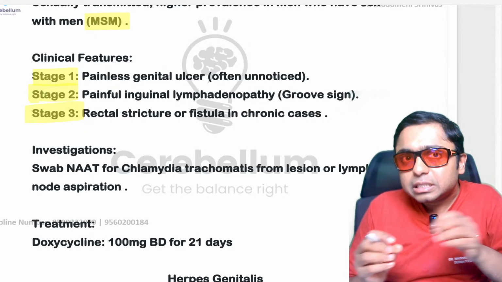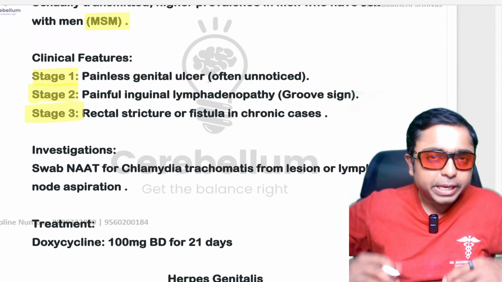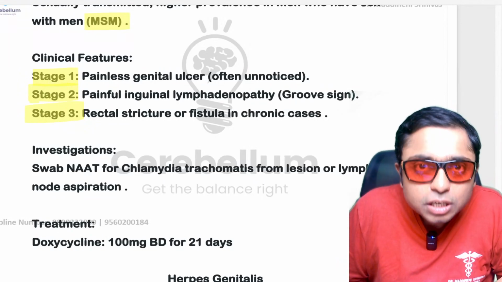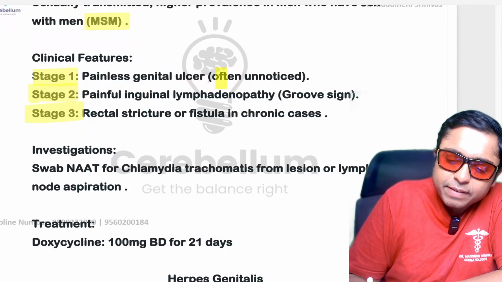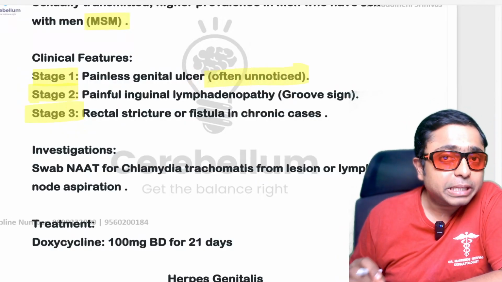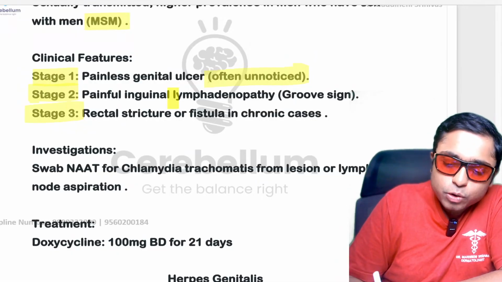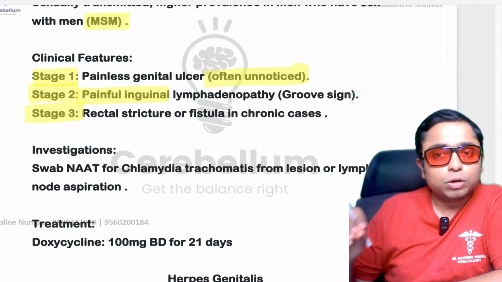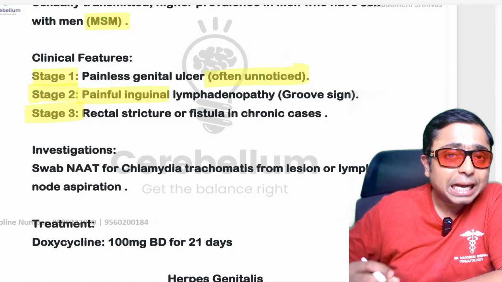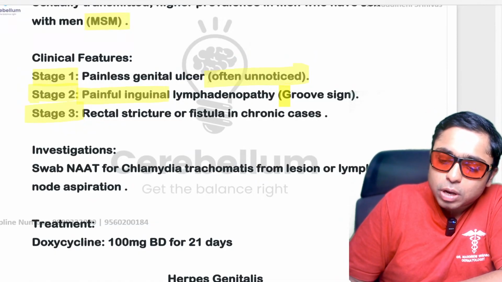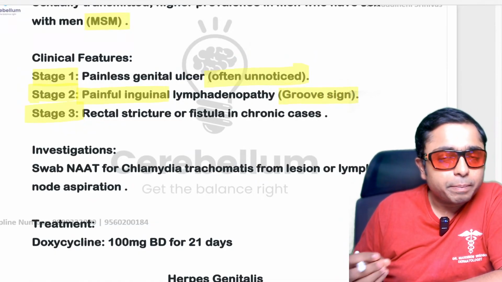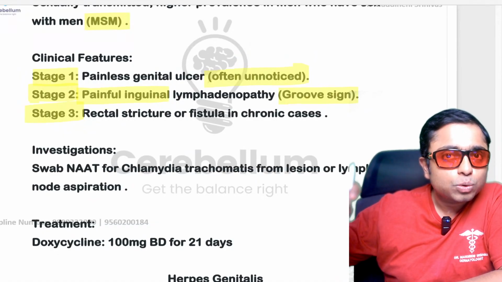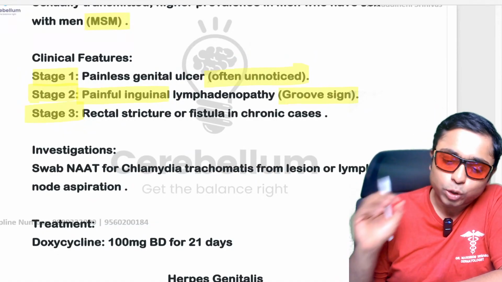Remember, this is that genital ulcer disease where the patients may not present with a genital ulcer. A very transient genital ulcer can be there in stage 1. In stage 2, patients are going to present with painful inguinal lymphadenopathy, which is again called a bubo, and here the appearance gives rise to a sign called the groove sign.